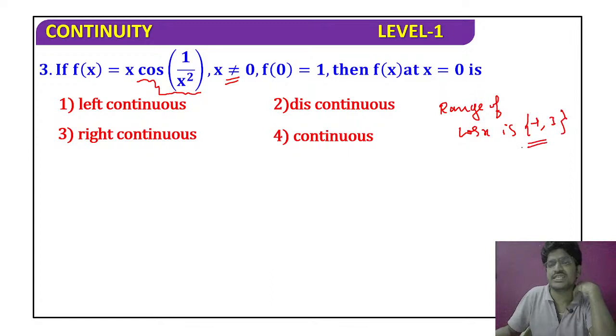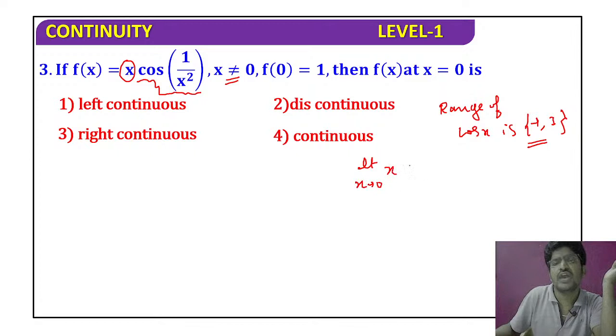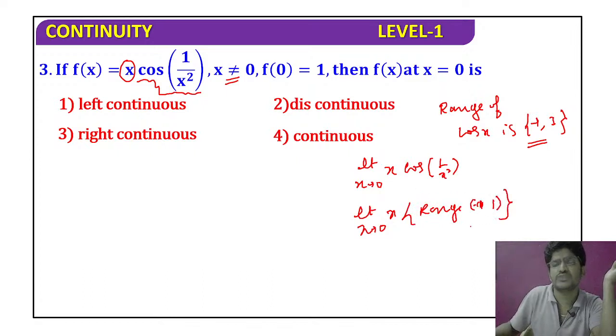And it is multiplied with x. So here you just see, limit x tending to 0, x into cos of 1 by x square. What happens here? Limit x tending to 0, x into, this is what? Range from -1 to +1.